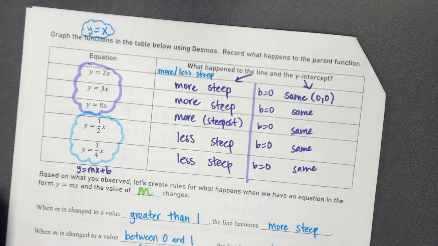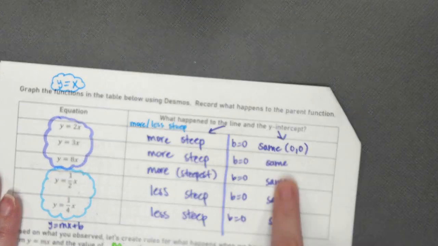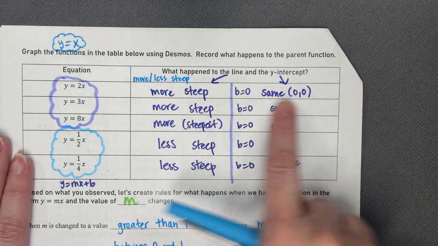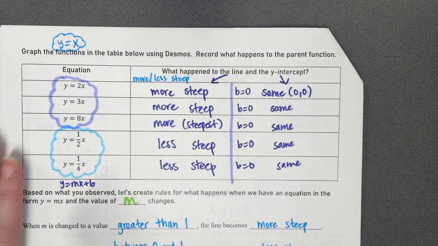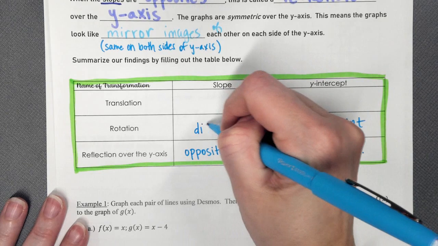Looking at this chart, your same y-intercept and then your slope changed, right? So the same y-intercept, but we had different slopes.